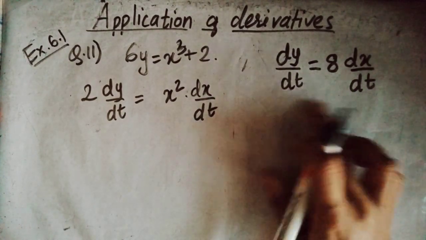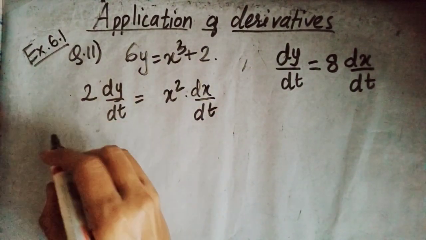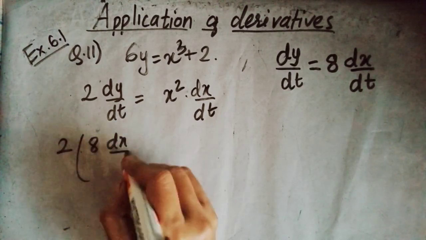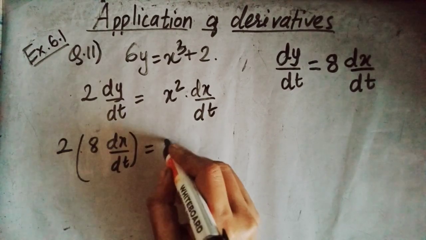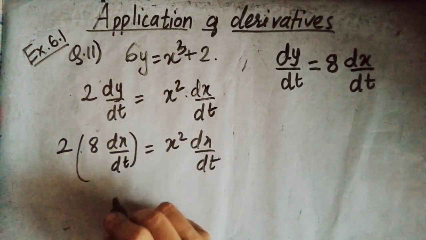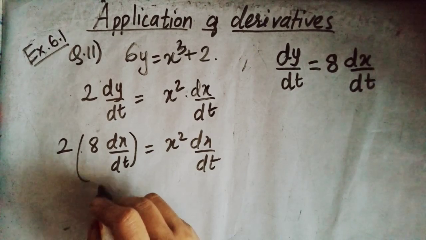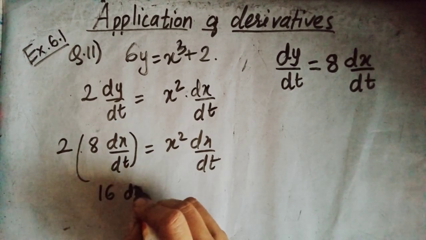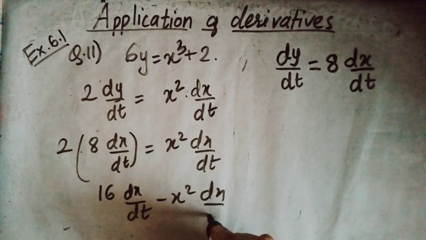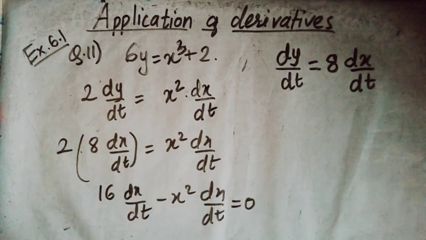Now you have to make use of the given equation, so you have to substitute it in here. So 2 times dy by dt is given as 8 dx by dt, equal to x square dx by dt. So this will be 16 dx by dt minus x square dx by dt equal to 0.